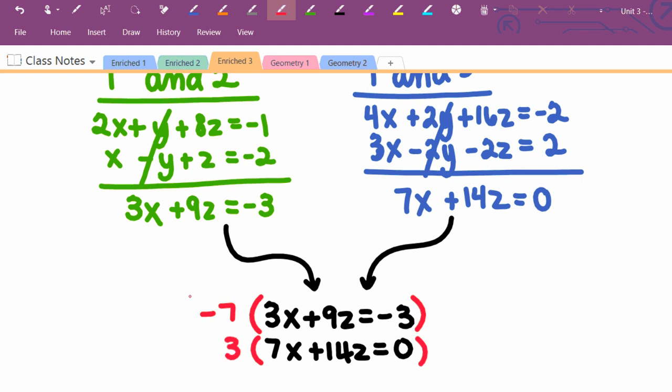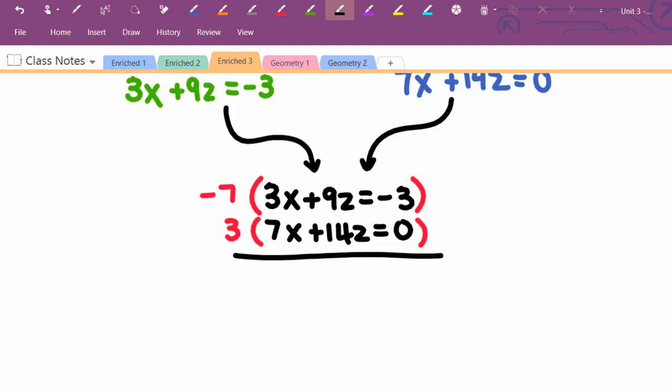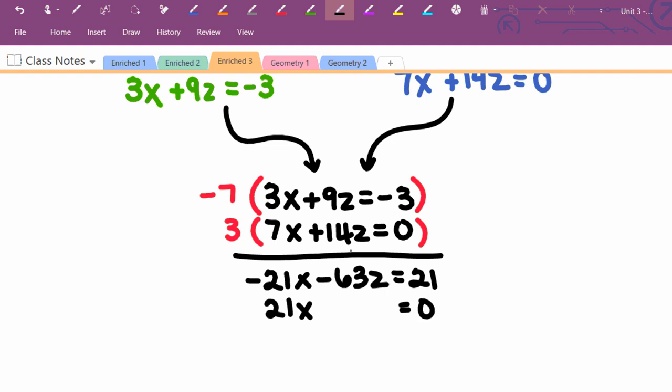So our new system, both lines are going to change. And this new first line is negative 21x minus 63z equals positive 21. And this would be 21x. It equals 0. We've got what 14 times 3 is. That's 42. Okay.